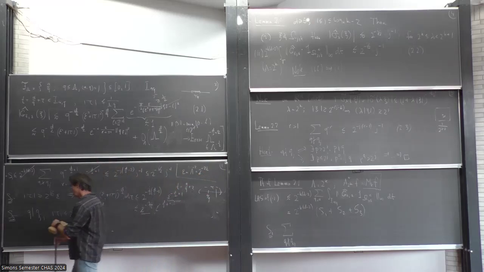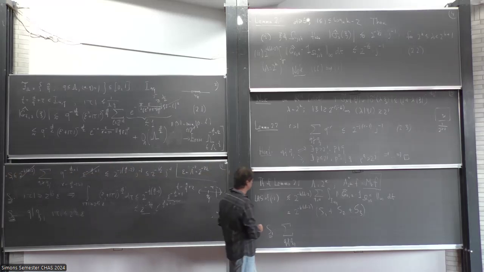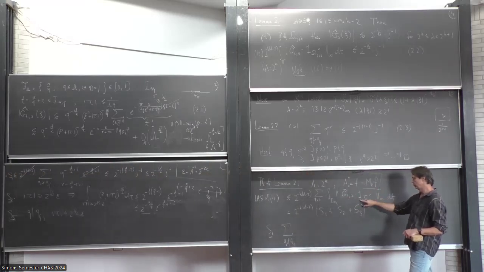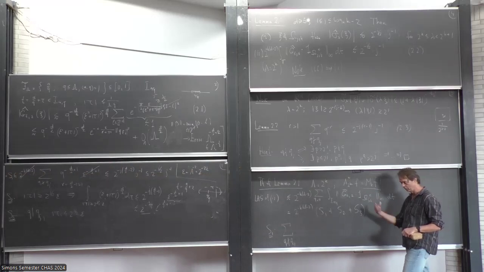Now, we are integrating this product, which means that you're restricted to the complement of this region, so you have a lower bound on the fractional part of q times c.